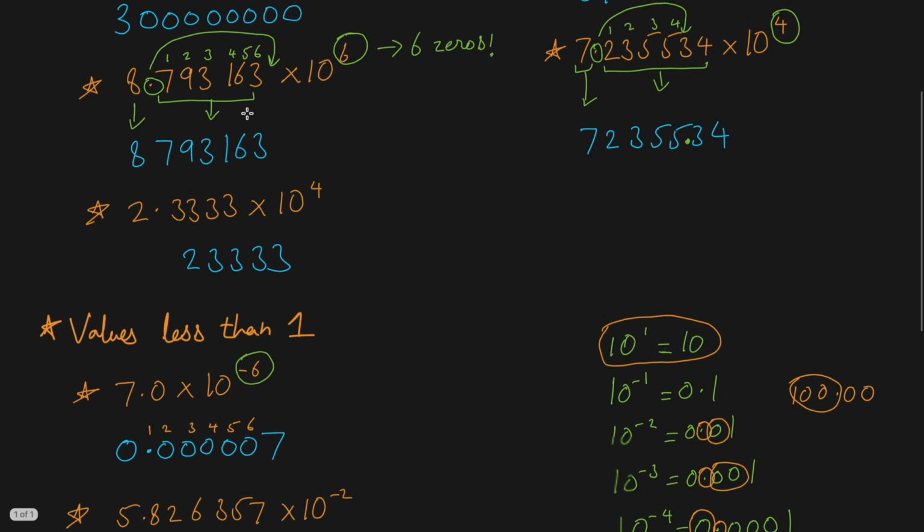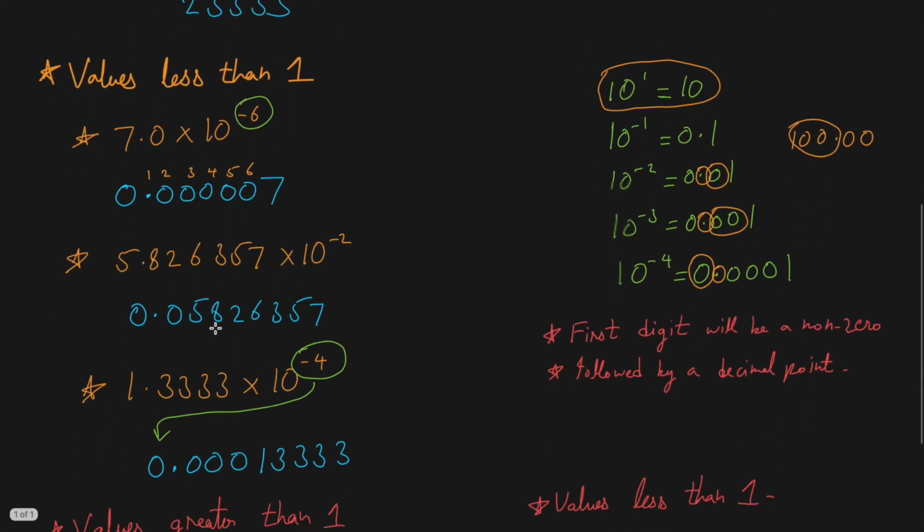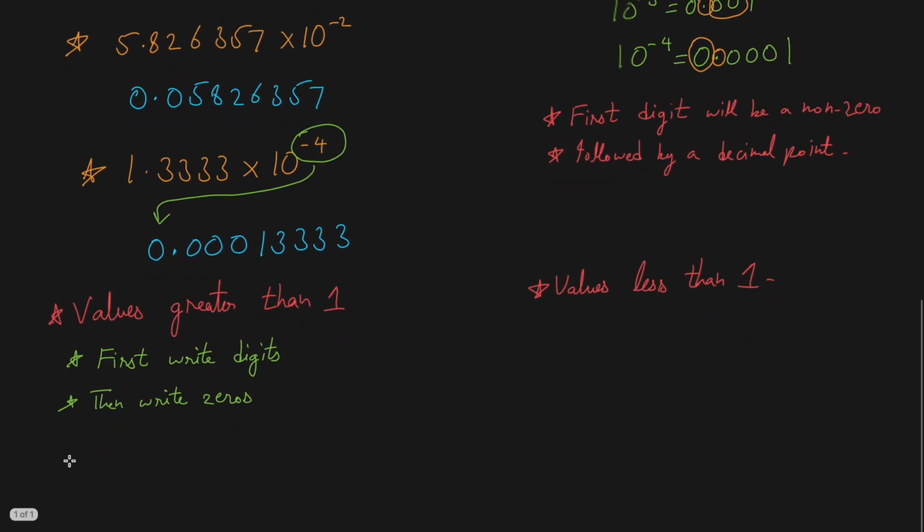Like for example here we didn't have any zeros. Then write zeros, and the zeros will be introduced on the right side.